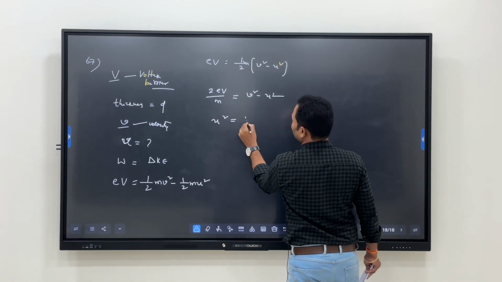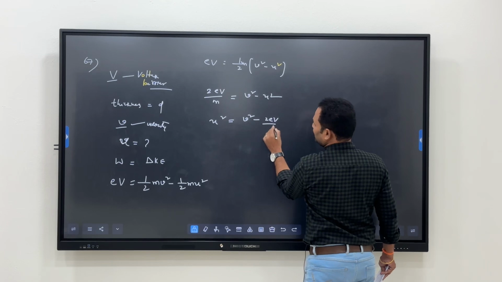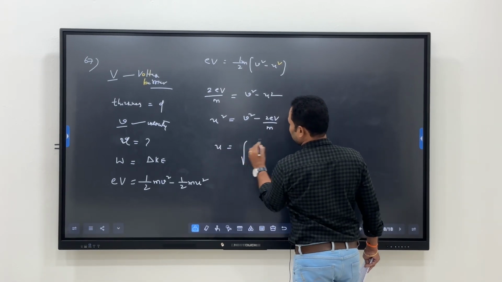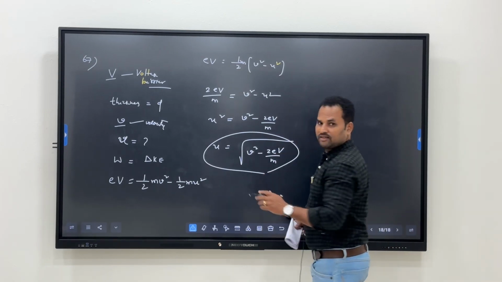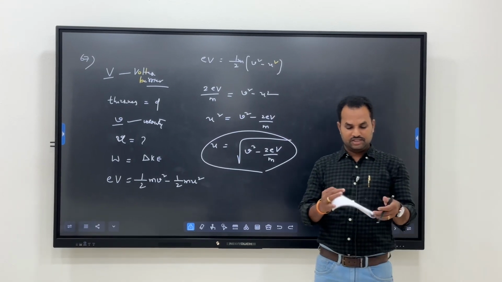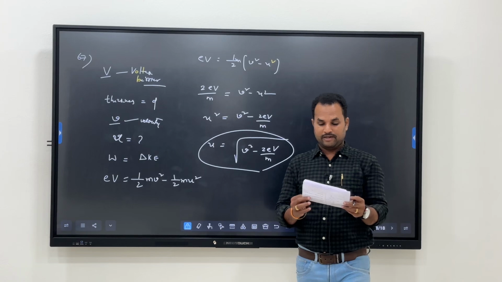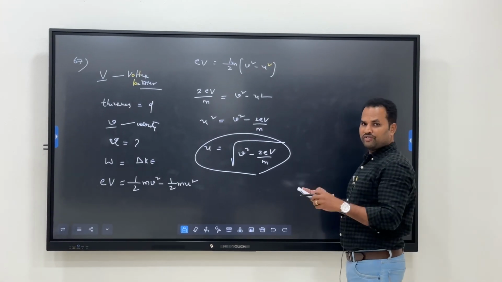Then u square is v square minus 2eV by m, so u is root over v square minus 2eV by m. This is the velocity of the charged particle moving from the n side.